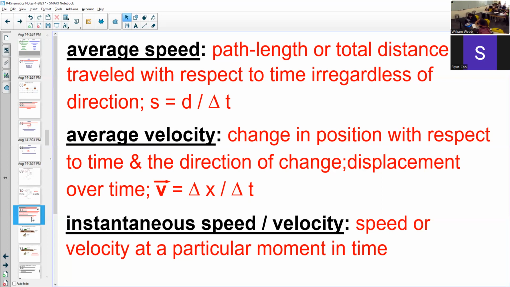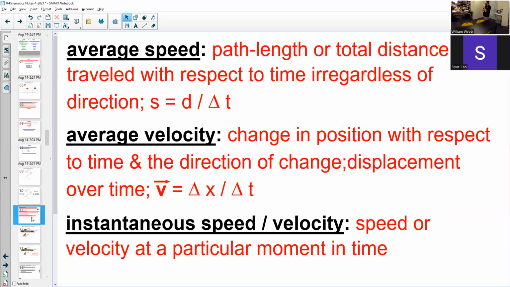So usually the derivative of position gives you velocity, right? If you're looking at a position-time graph, it would give you the instantaneous velocity, not the instantaneous speed.